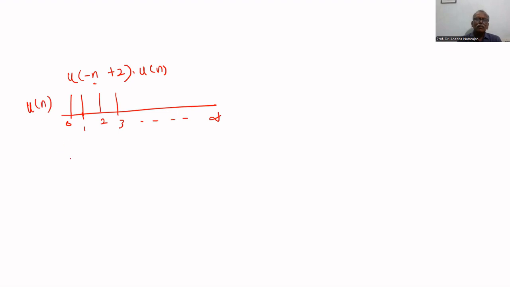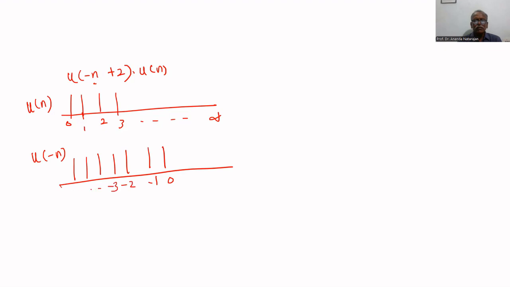U of -n+2 means U of -n is the mirror image about the y-axis. U of -n is the mirror image. This is 0, 1, -1, -2, -3, etc., up to -infinity.